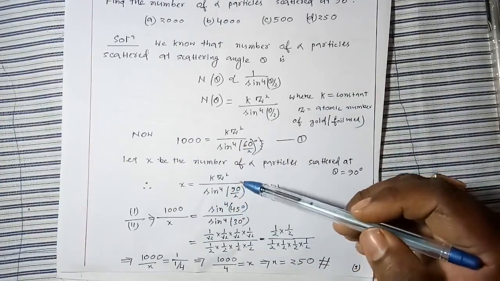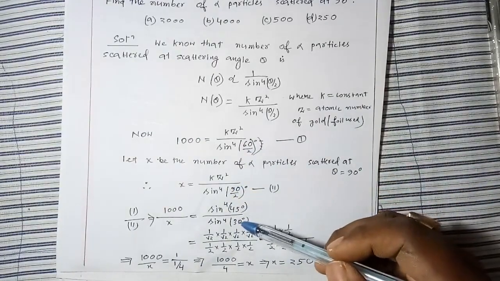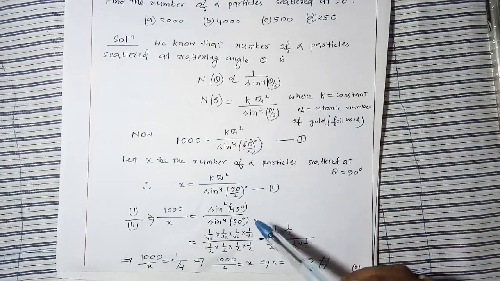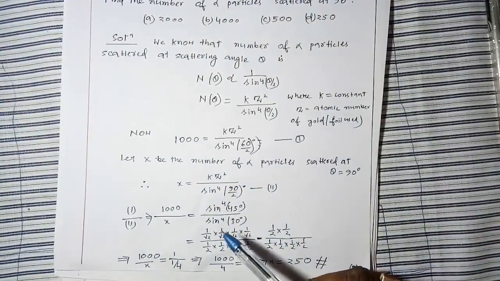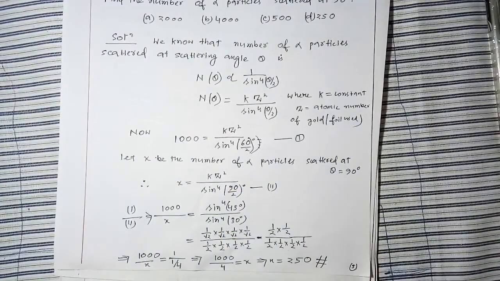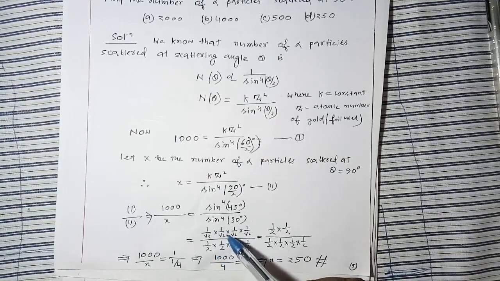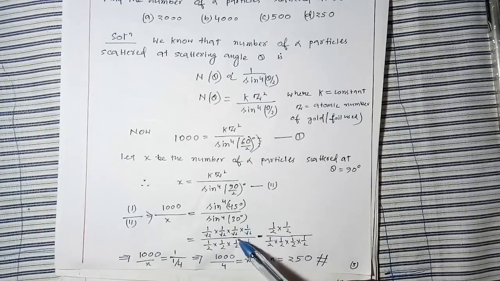So sine to the power 4 of 45 degrees, since 90 by 2 is 45, over sine 4 of 60 by 2, which is 30 degrees. Sine 45 is 1 by root 2, so it is 1 by root 2 four times. Sine 30 is half, so it is 1 by half four times. 1 by root 2 into 1 by root 2 gives 1 by half, so these two get cancelled with this one. Again 1 by root 2 into 1 by root 2 is 1 by half, that gets cancelled with this one.